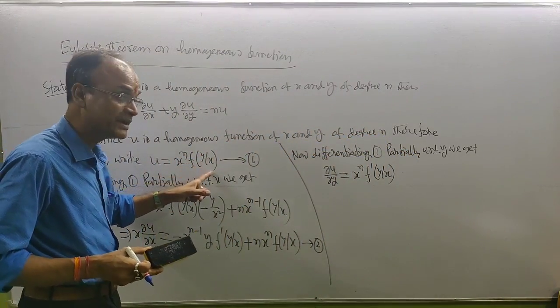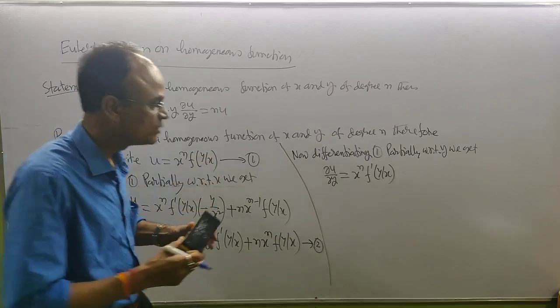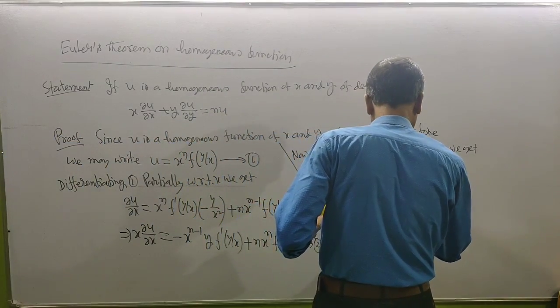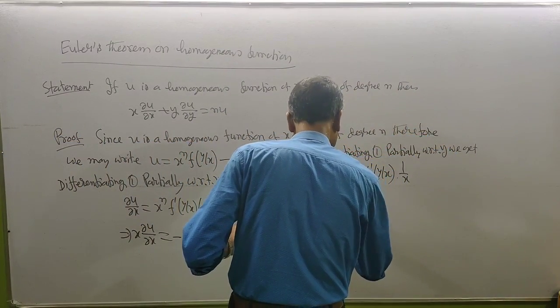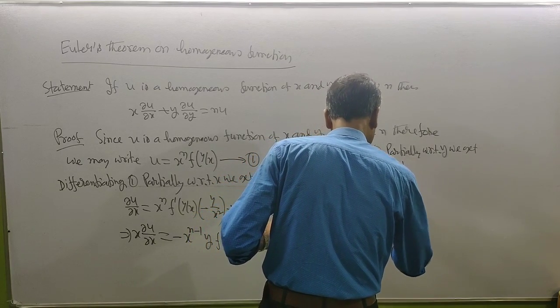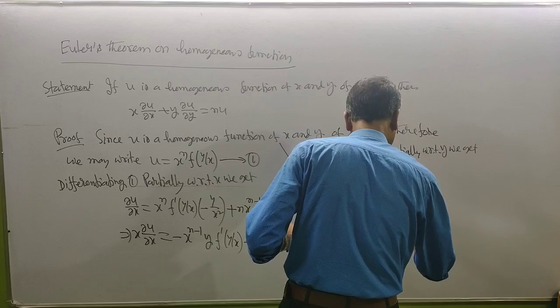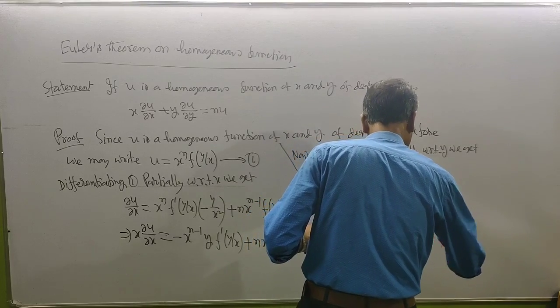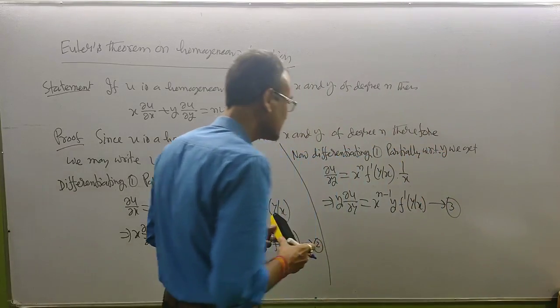Differentiating y by x with respect to y gives 1 by x. This means y del u by del y equals x to the power n minus 1 y f dash y by x. Suppose this is number 3.